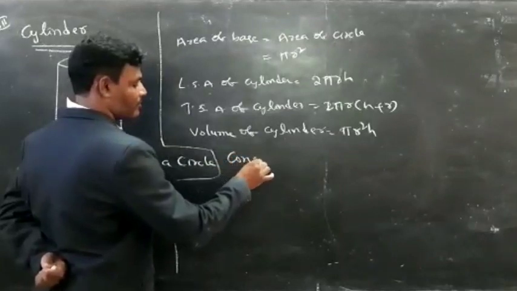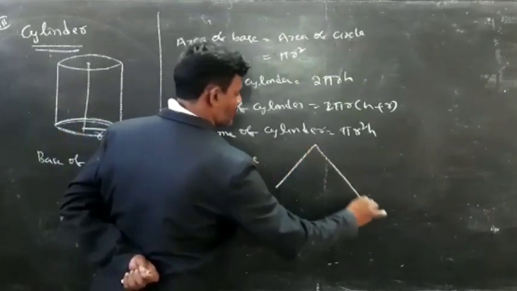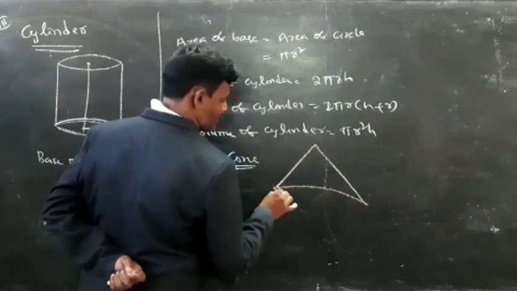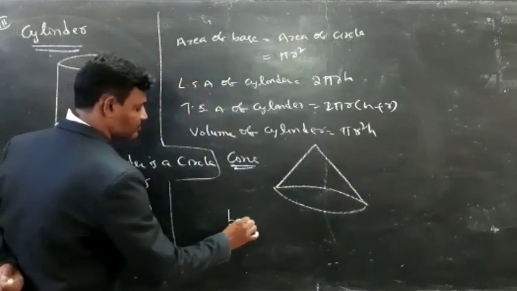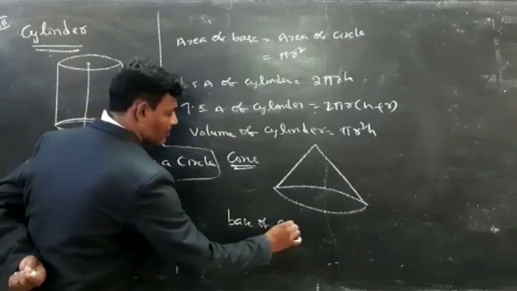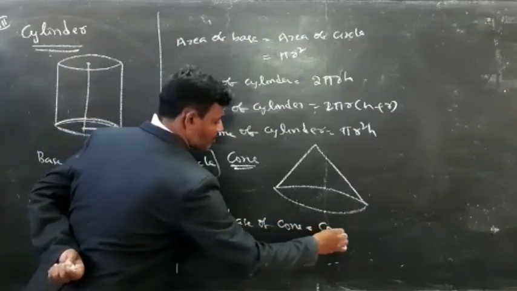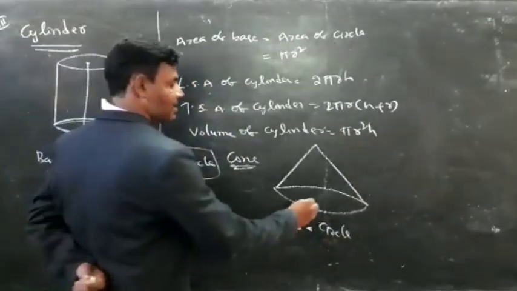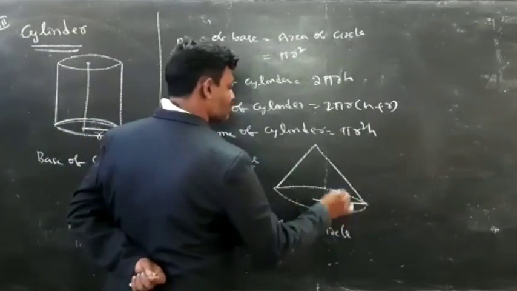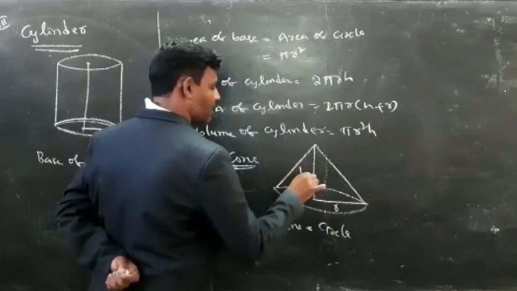Next, cone. The base of the cone is a circle. This is the base radius and this is the height of the cone.